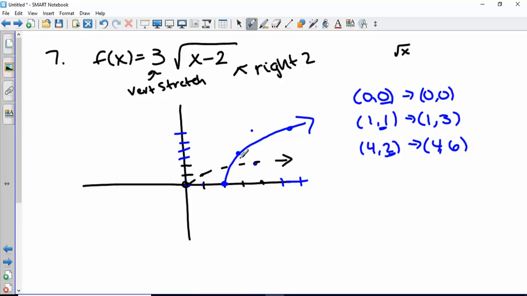You can also graph it on your graphing calculator just to make sure that your shape matches. So I require you to plot your points exactly on your graph, but you have a lot of options for checking those points and making sure that you've done it correctly. Is that one okay?